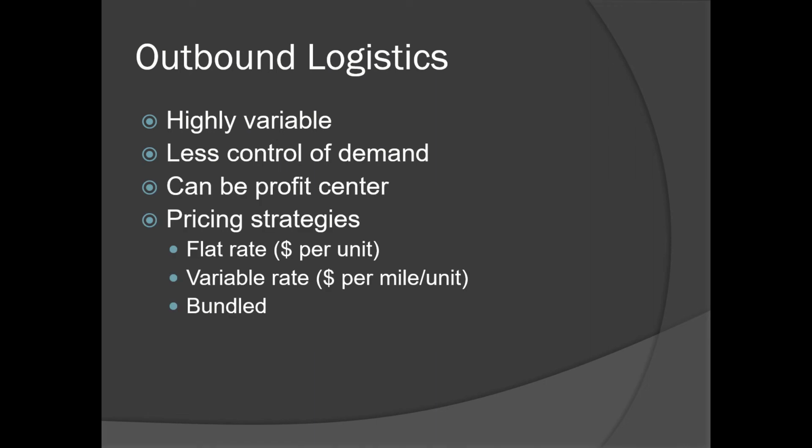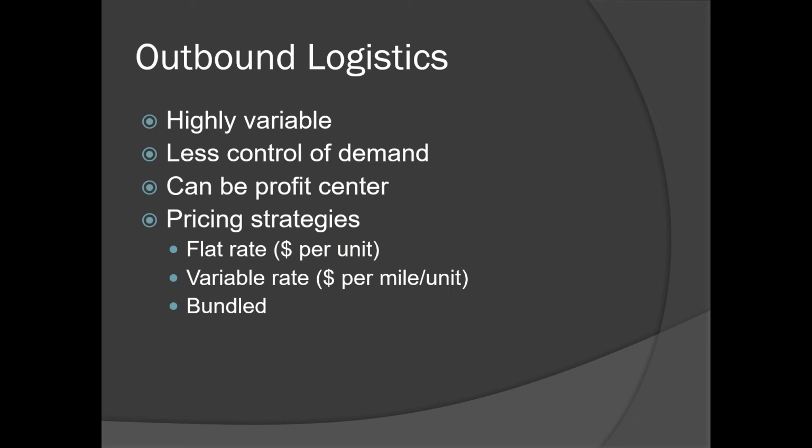In terms of a pricing strategy on the outbound side, there are a lot of different ways to do it. One option is to charge a cost per unit, where, if you get a Toyota Camry, it doesn't matter if you live in Lexington or San Francisco, you're going to pay the same vehicle delivery charge, regardless of where you're located and how far it's shipped.